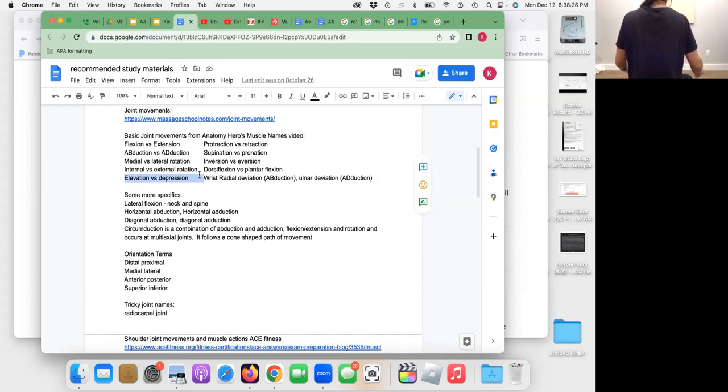When you have depression, the shoulder blades are being pulled down by the latissimus dorsi muscles contracting. And those are antagonists. The latissimus dorsi and the upper traps are antagonists. So upper traps elevate, latissimus dorsi depress.